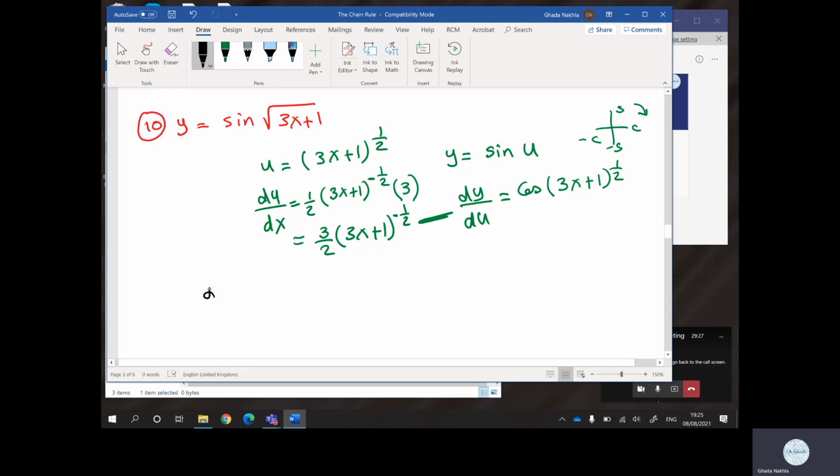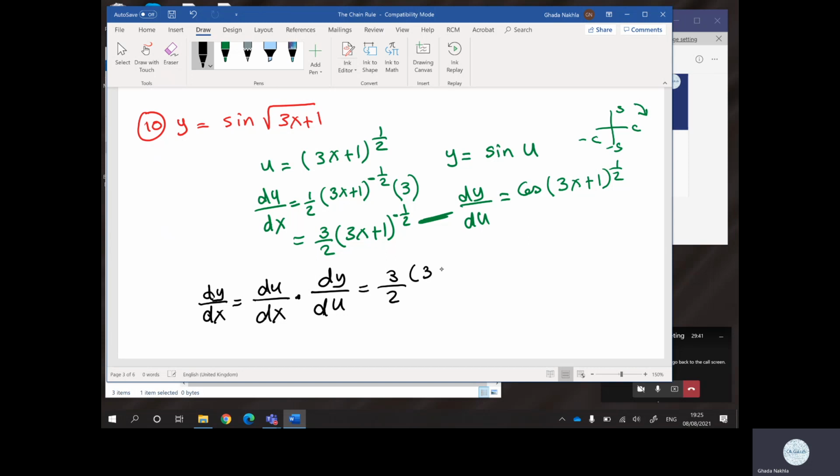Therefore, dy by dx is equal to du by dx multiplied by dy by du, which is equal to 3 over 2 times (3x plus 1) to the minus a half, which means 1 over, multiplied by cos (3x plus 1) to the half.